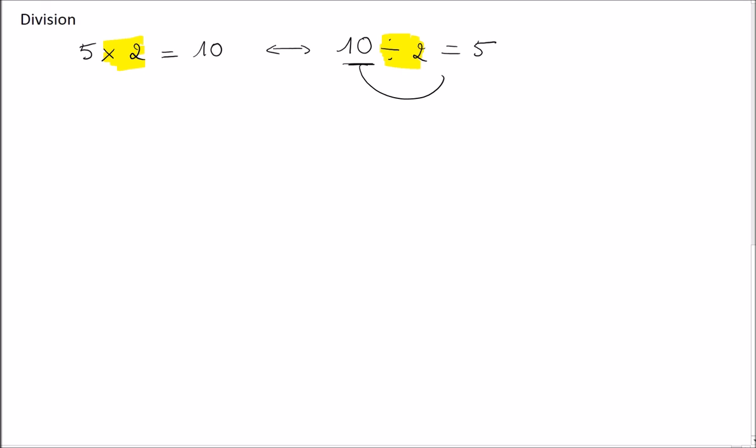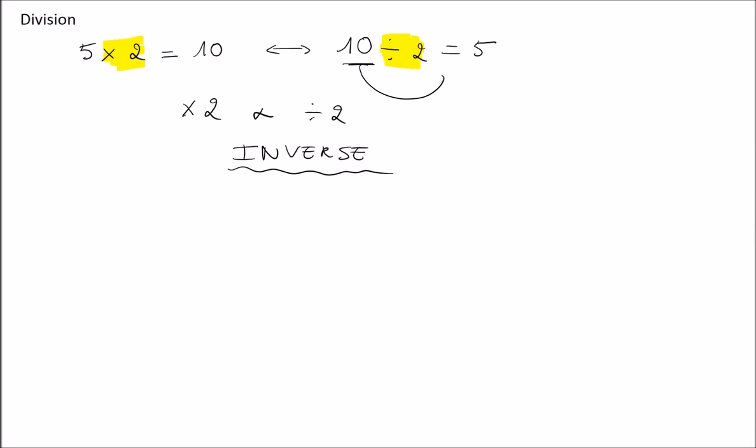We are going to call times 2 and dividing by 2 inverse operations. They're each other's inverse, so they undo each other's operation.